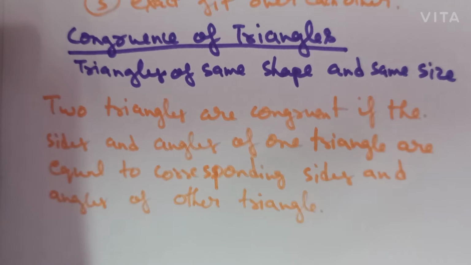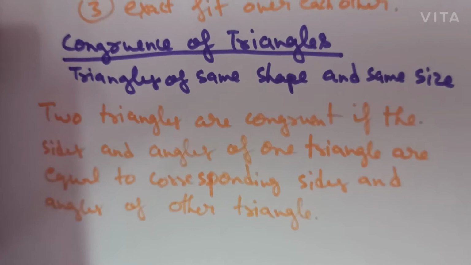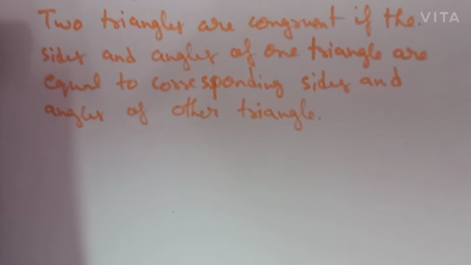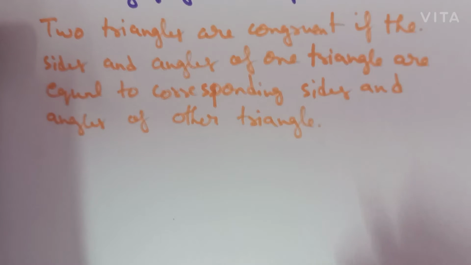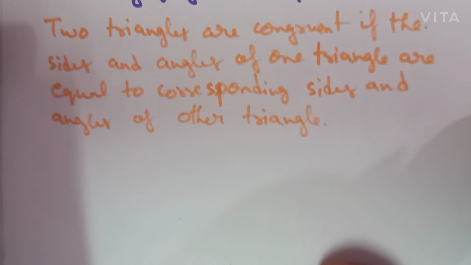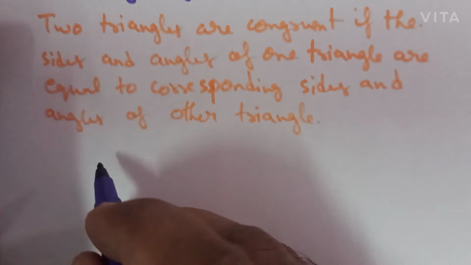Two triangles are said to be congruent if all three sides of one triangle are equal to the three corresponding sides of the other triangle, and all three angles of one triangle are equal to the three corresponding angles of the other triangle. Let us understand what this statement means. So let's say we have two triangles.